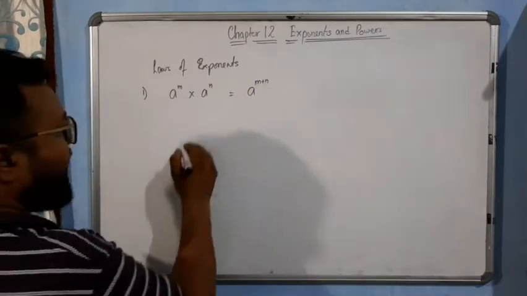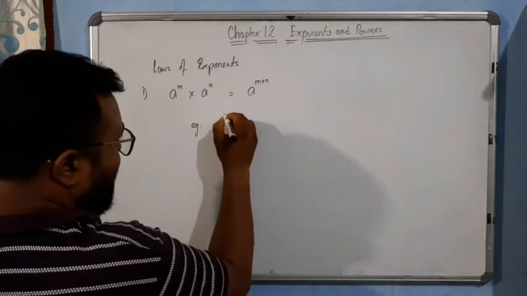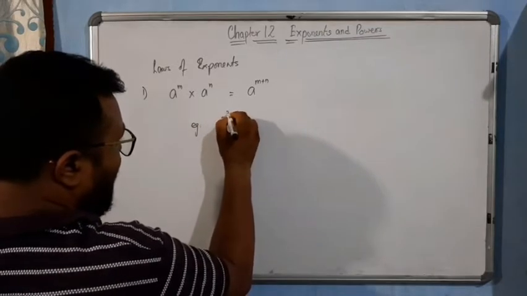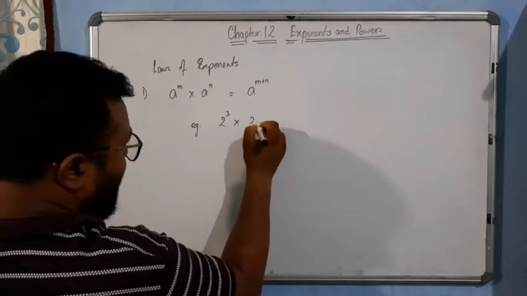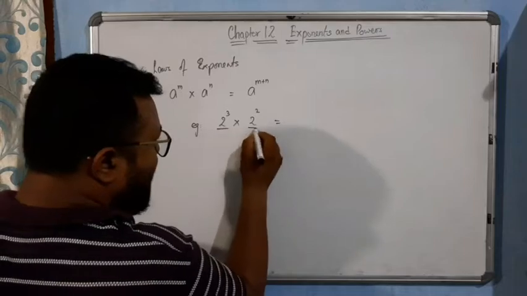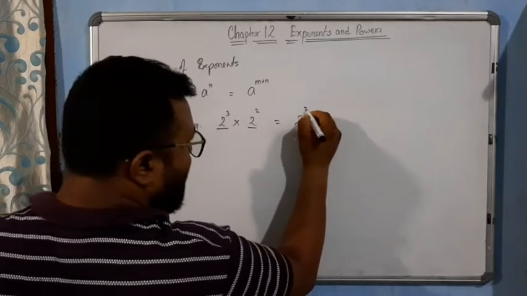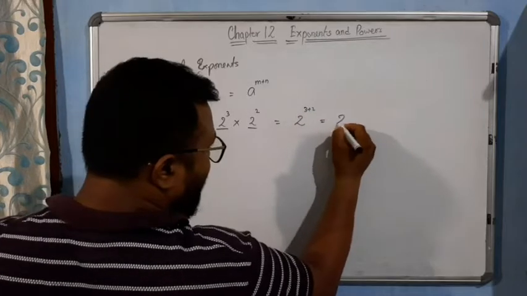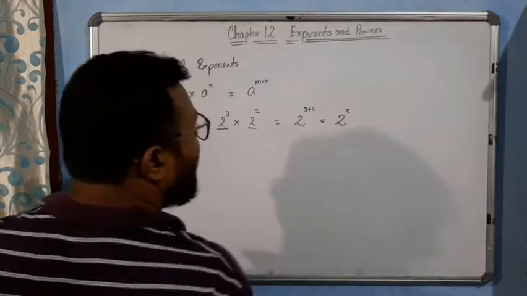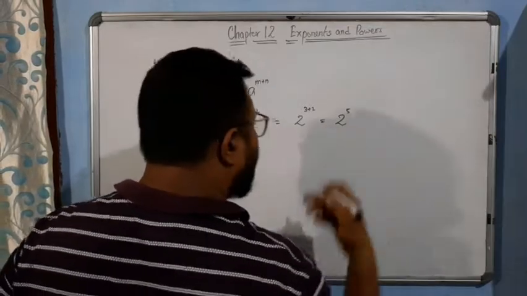For example, 2 cube into 2 square: since the bases are the same, you write 2 one time and add the two powers, 3 plus 2. It will be 2 to the power 5, and you can solve it by multiplying 2 five times.